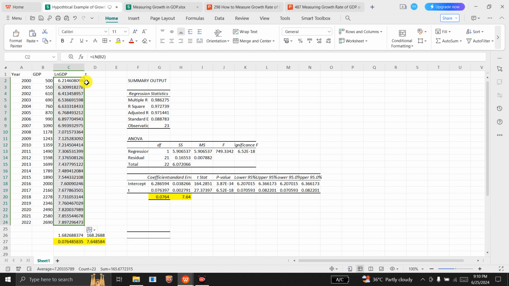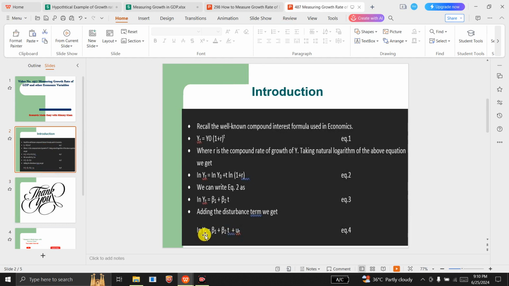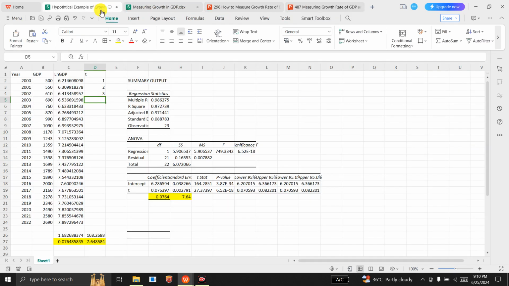This is in log form, and here I need a trend variable, because as I showed you, I'll be regressing natural log of yt, that is natural log of GDP, on t. So for t I will use this trend, and if I copy this, this is the trend.